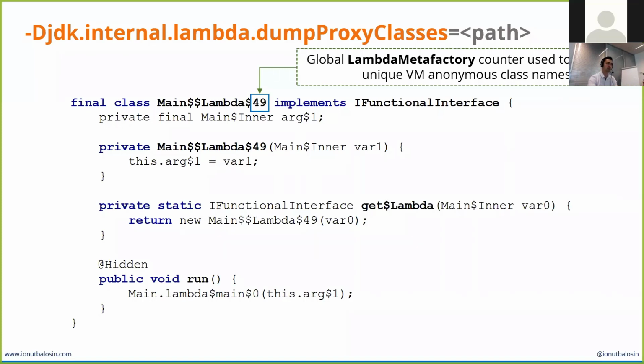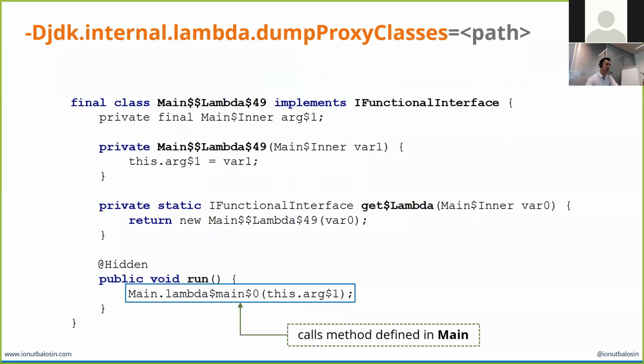So 49 means that this class was the 49th class generated since the JVM started. And at the end, because the functional interface has the method run, the generated class should implement this method run, which basically contains just a dispatch call back to Main.